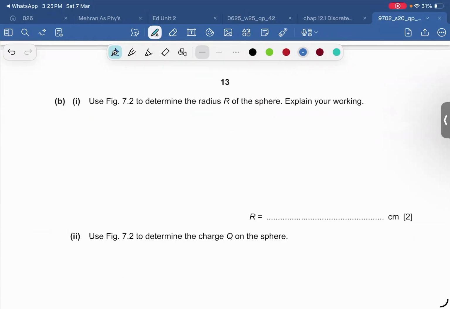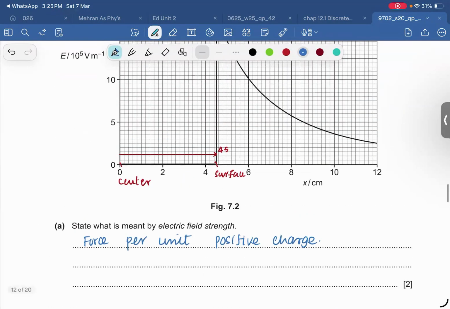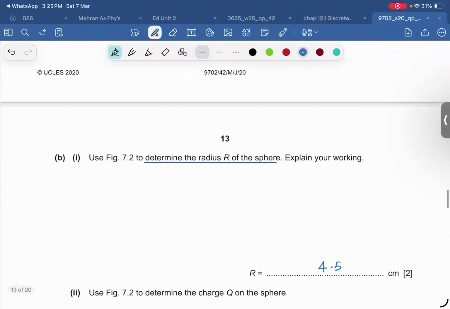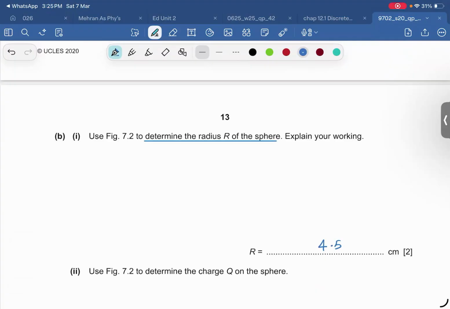Use figure 7.2 to determine the radius r of the sphere. Explain your working. We can say that it's 4.5, because we just worked that out. But you won't get the mark if you just write 4.5.